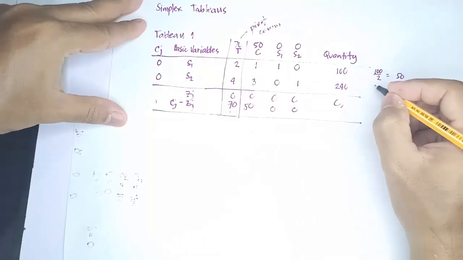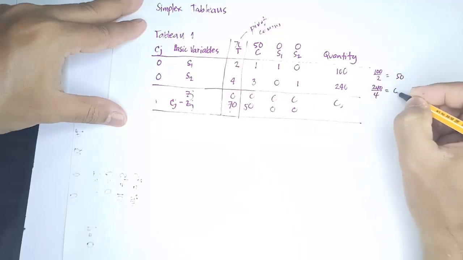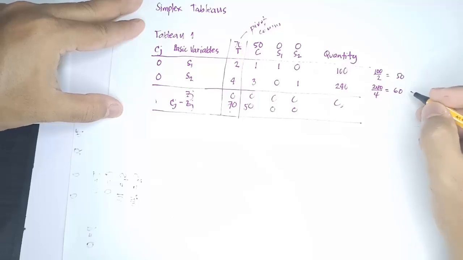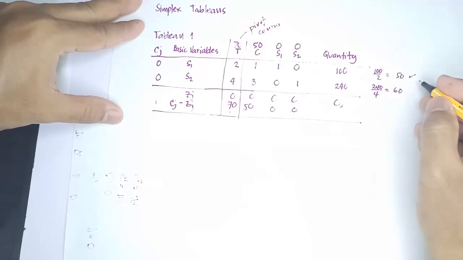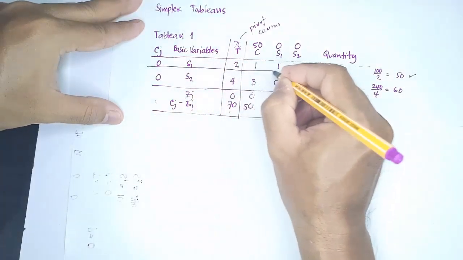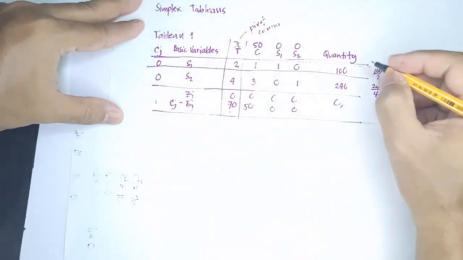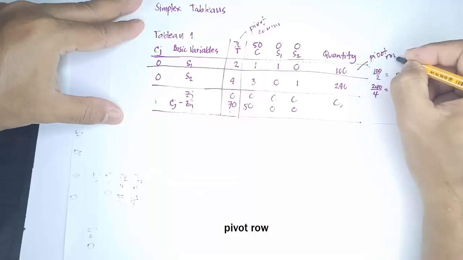The second ratio is 240 over 4 is equal to 60. In these two ratios, we're going to choose the least positive number. The least positive number in this case is 50. This implies that row 1 will be our pivot row.